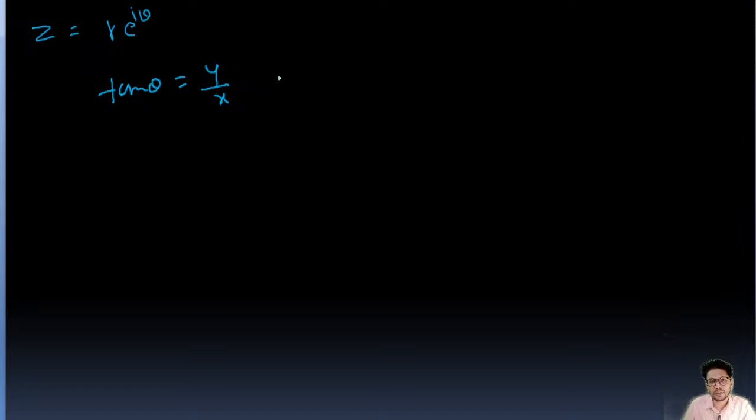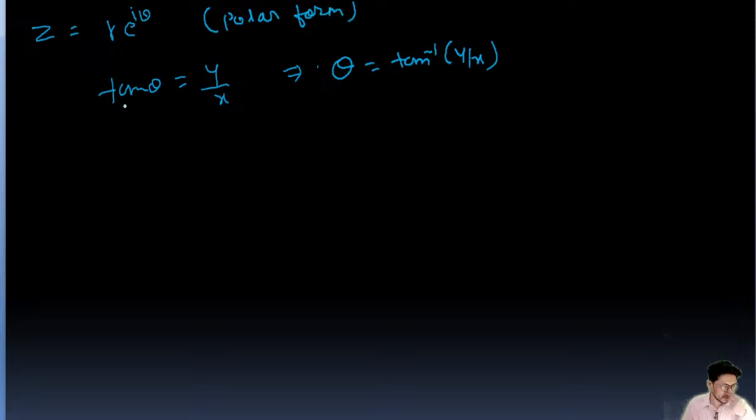So tan theta equal to y upon x implies theta equal to tan inverse y upon x. This is the polar form, right?